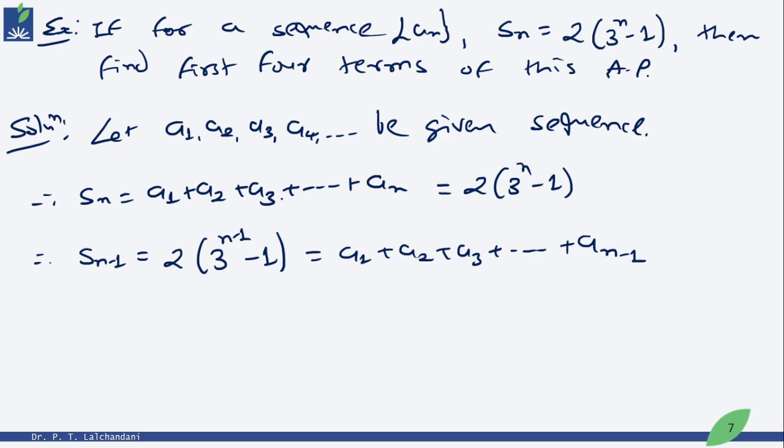Subtract Sn minus 1 from Sn. So a1 will get cancelled out, a2 will be cancelled out, a3 will be cancelled out, an minus 1 will be cancelled out. What is remaining? Only an. So whenever you have the value of Sn, first find Sn minus 1, subtract this Sn minus 1 from Sn, and you will get the value of an.